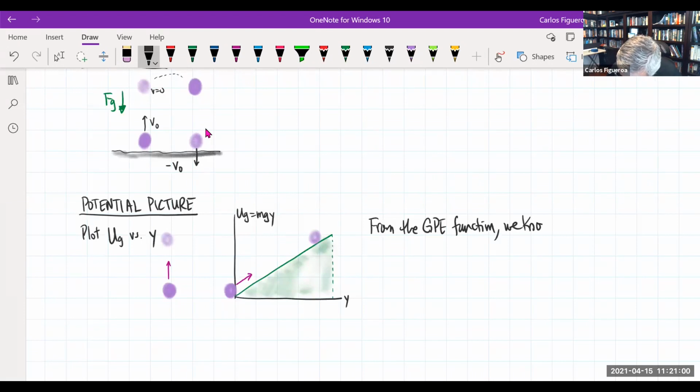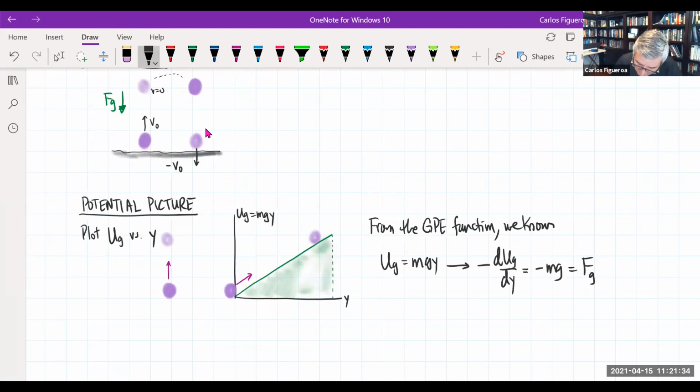we know what? Well, we know that UG is equal to mgy. Therefore, according to what we wrote before, the negative of the derivative of UG with respect to y is going to be, right? I take the derivative of this thing. Clearly, I take the derivative of y, that's 1. I'm going to get minus mg, and that's what we identify as gravity.